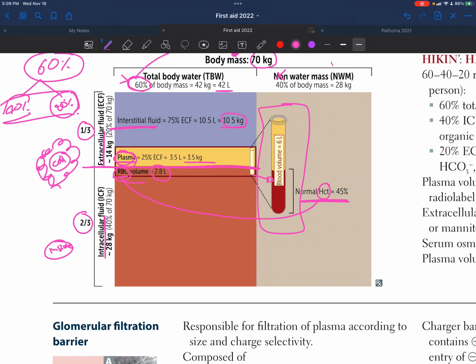So the hematocrit that we have within a small amount of blood makes up 45. Like 45% of that blood is RBCs, red blood cells, while the rest of it, the 55% of blood, is only plasma.